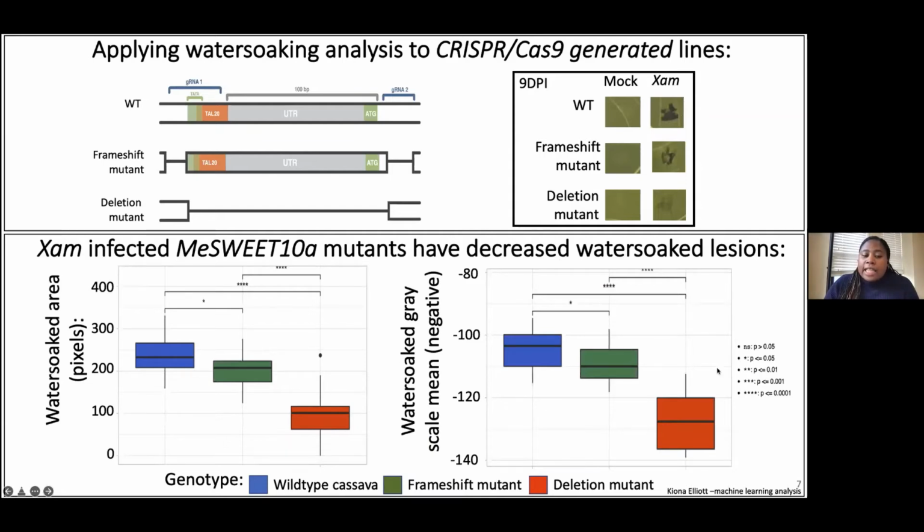And when we look at the grayscale, we can see that the lesion color is significantly lighter compared to wild type XAM. And so this data was a really nice proof of concept to show that if we were to prevent me-sweet-10A induction, then we're able to reduce disease severity.